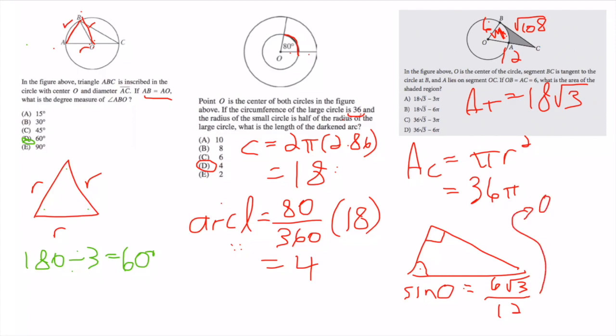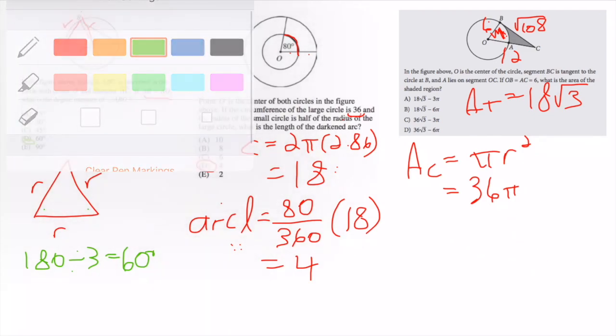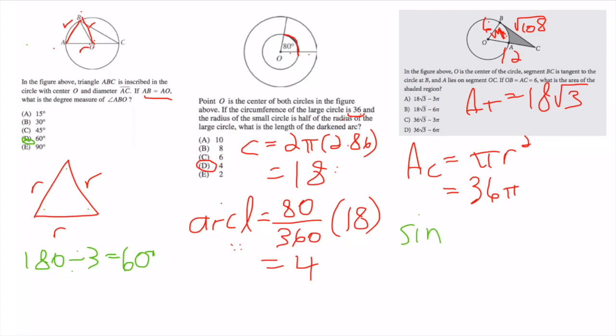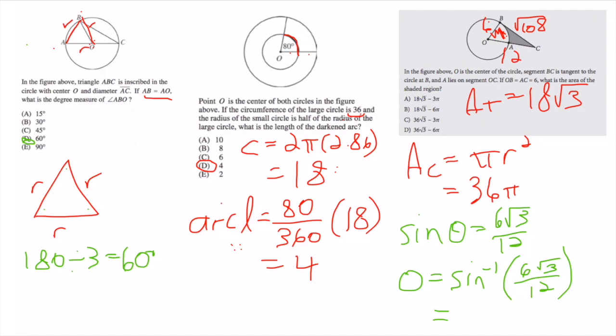So the sine of O is opposite over hypotenuse, so again it's 6√3 over 12. So O is the inverse sine of 6√3 over 12. When I do this, I'm going to be left with 60 degrees.